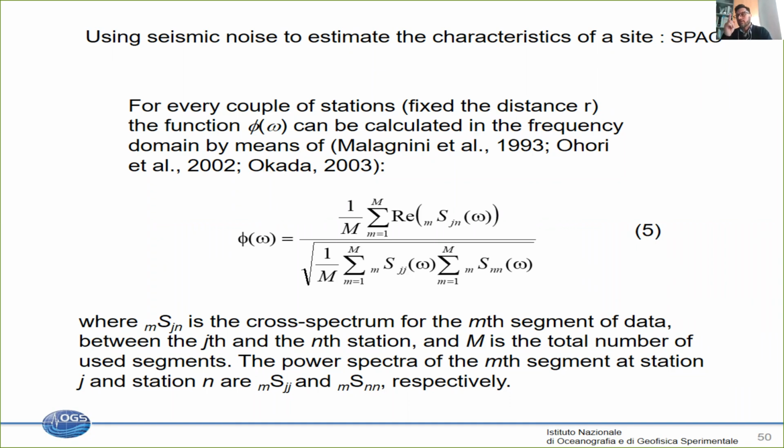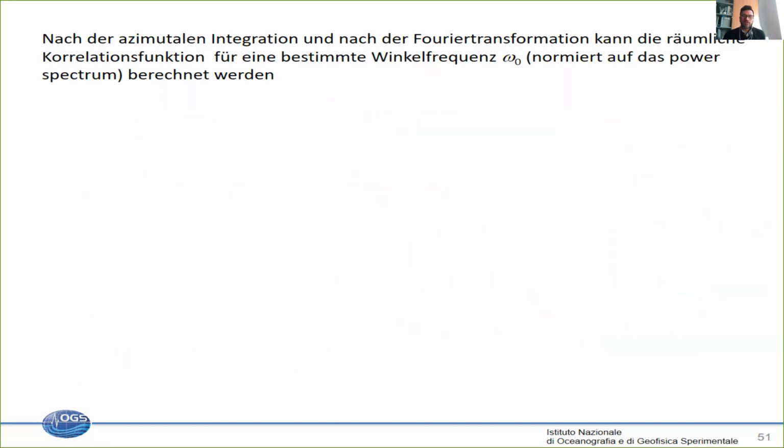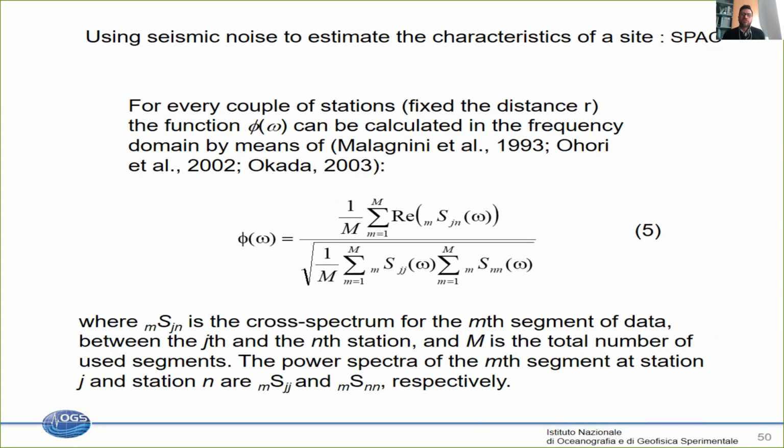if, for example, we don't do it a frequency at each time, but we do it directly at all the frequencies using, for example, the Fourier transform. So what we are generally doing, very simply, for each of the recording, for every station, we calculate its Fourier transform.